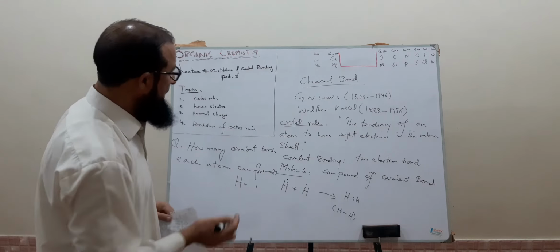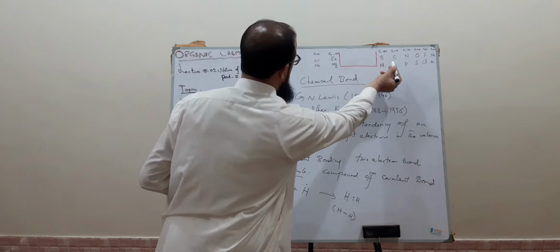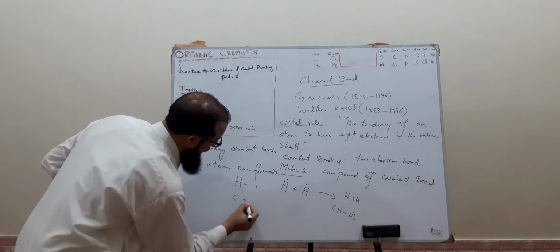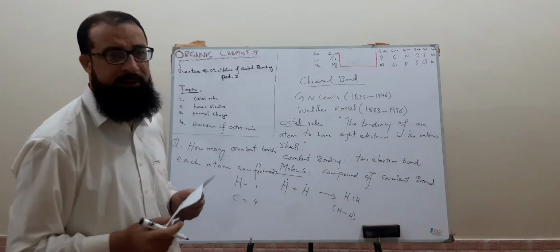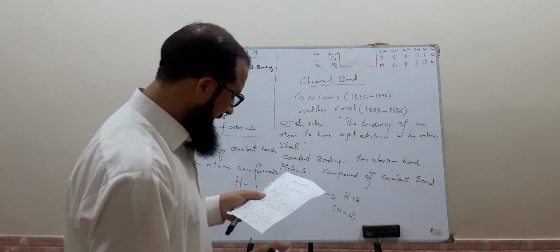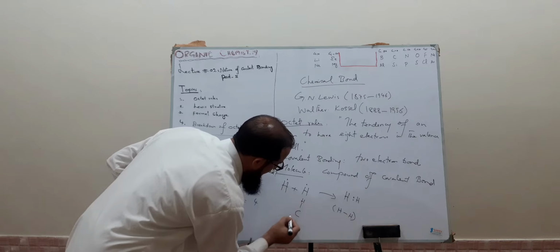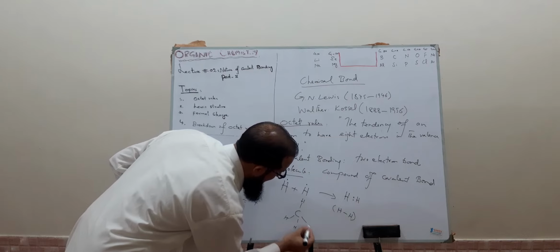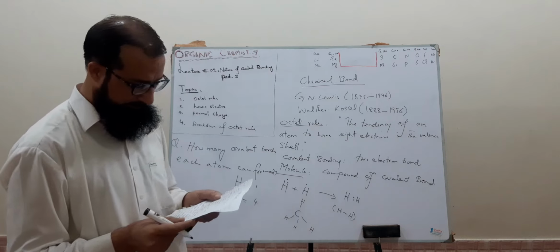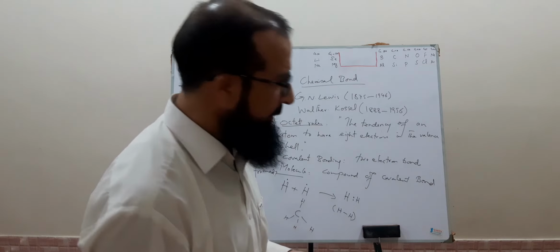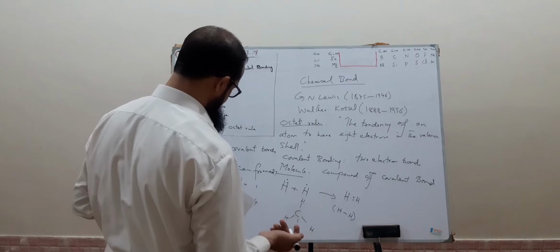Similarly, if we take the example of carbon in the fourth group, carbon has 4 valence electrons, so carbon can form 4 covalent bonds. We can also take the example of fluorine.